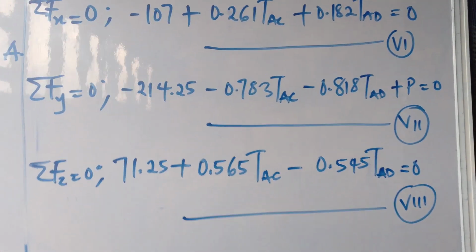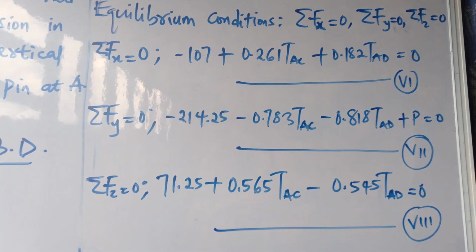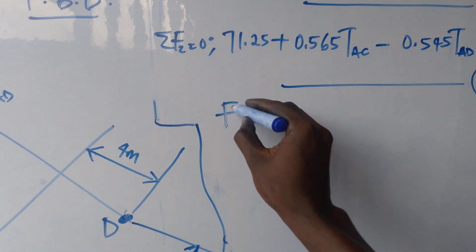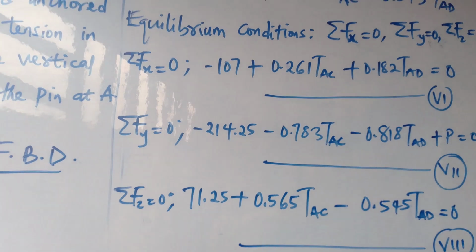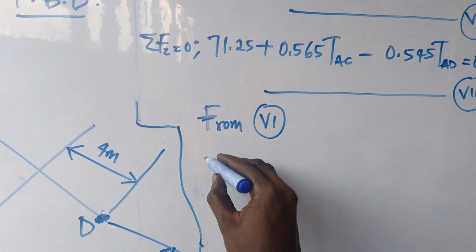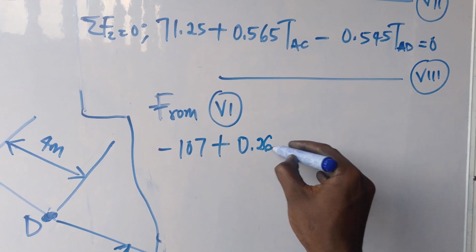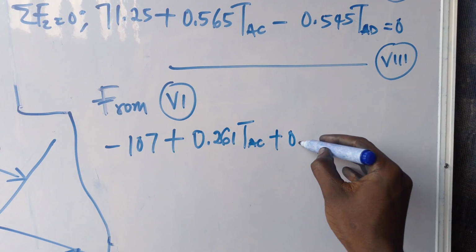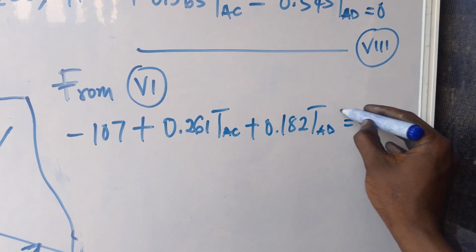Alright, so this is what I'm having for now. So from equation 6, minus 107 plus 0.261 TAC plus 0.182 TAD equals to 0.